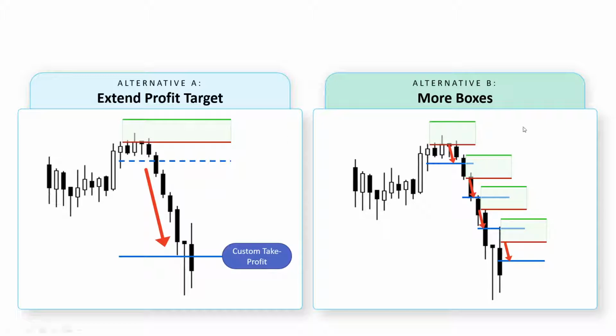The other one would be, of course, why not just try to put a lot of boxes into this movement. Also on the right side, you see a very ideal situation. Did I miss something, Maurice?